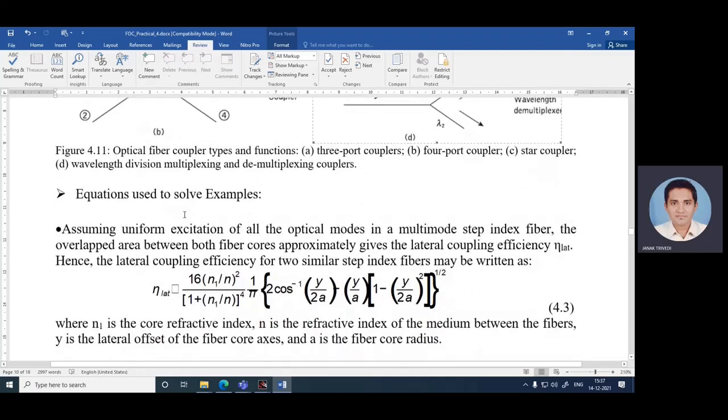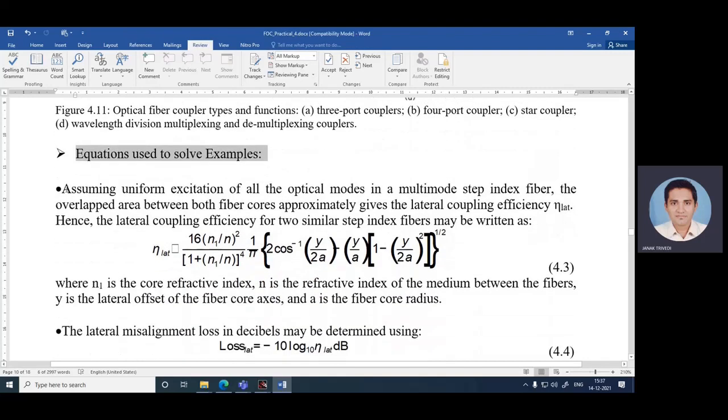Now we discuss the equations that are used to solve the examples in this particular practical. First, assuming uniform excitation for all the optical modes in a multimode step-index fiber, the overlapped area between both fiber cores approximately gives the lateral coupling efficiency, η lateral.